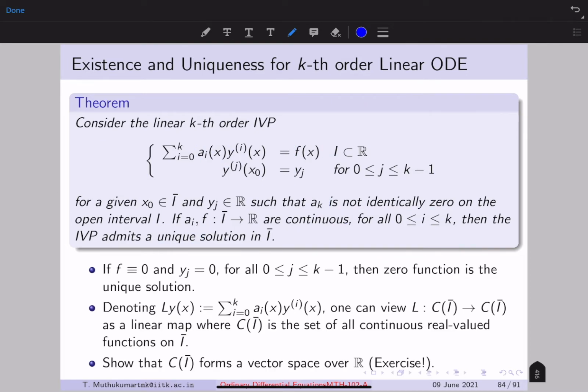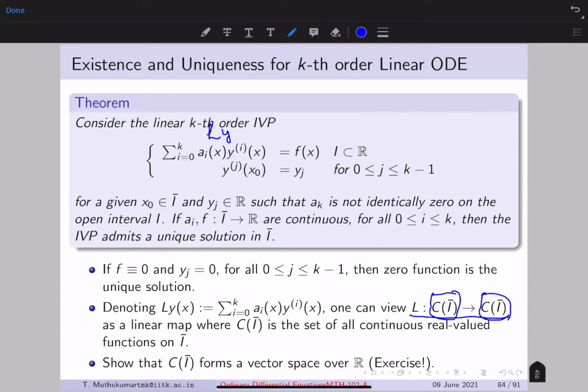So now this is something which we have mentioned before. The advantage of this linear differential equation, when we said Ly, is that this L can be seen as a linear map from the vector space of continuous functions to the vector space of continuous functions, which is C of I, which I already mentioned in the initial lectures, right?